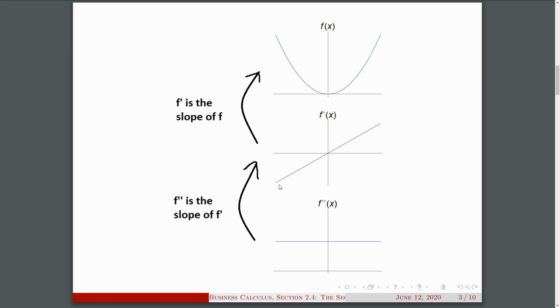Looking at the connection between these two, the rate of change is constant. It's a line. Right? It has a positive constant slope. And notice this function should tell us the slope of this function, and it's a positive constant number. So the fact that the second derivative is a positive constant should tell me that the previous function has a positive constant rate of change, which it does.